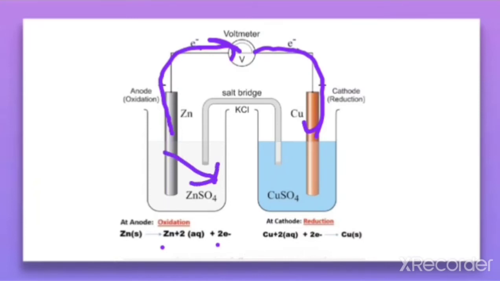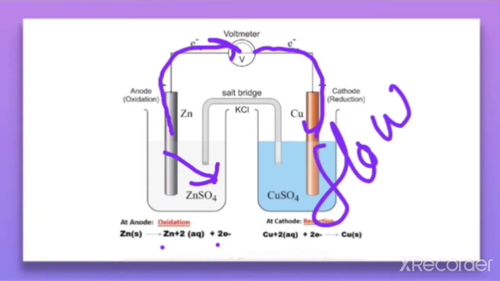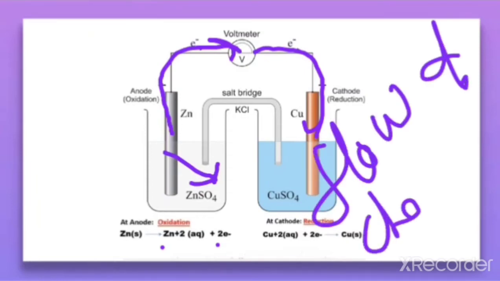The flow of electrons takes place, therefore there will be a deflection in the voltmeter, because the flow of charges is what we call a current.